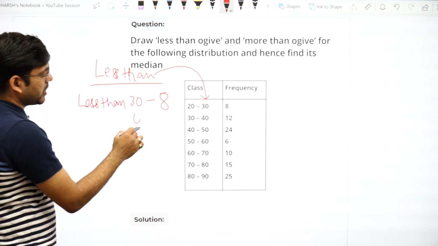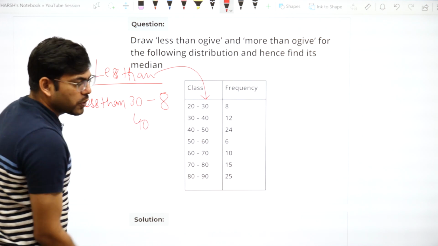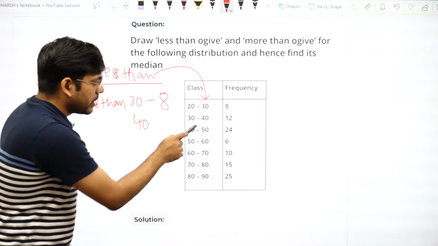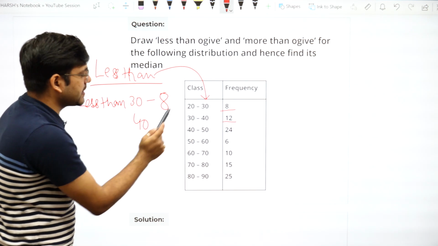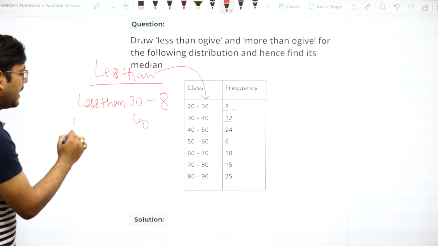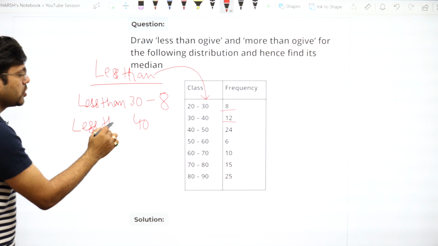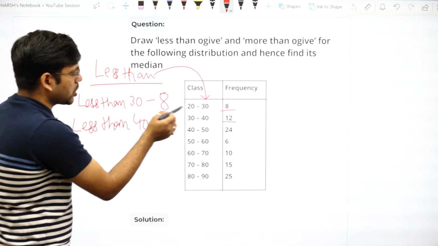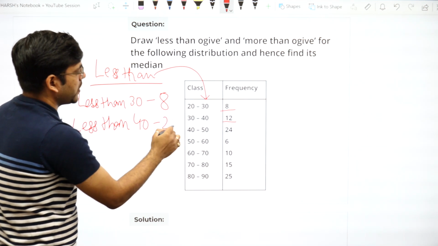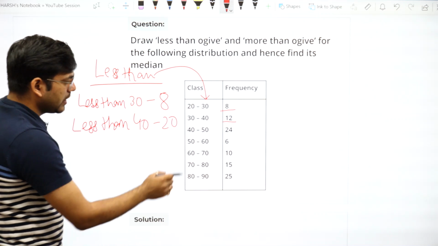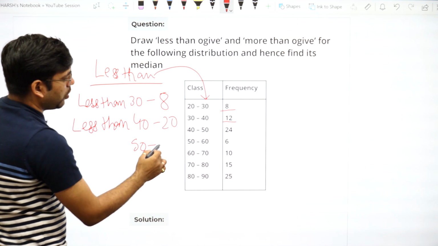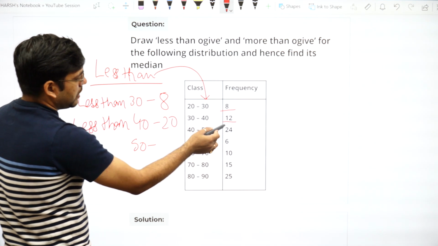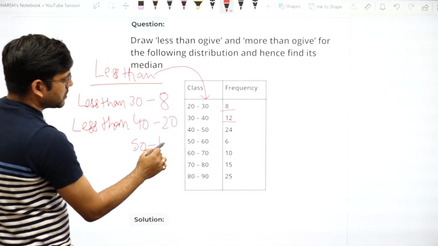Then less than 40. Are all 12 values there? No. This 12 and also this 8, because 8 is also less than 40. So less than 40 is not only 8 but 12 plus 8, that is 20. Then less than 50 will be adding all of them. So 20 and 24, that is 44.